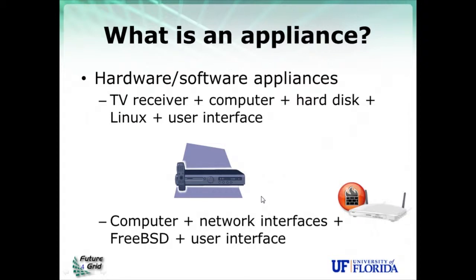A hardware appliance could be a TiVo-like system where you have a TV receiver, a computer, hard disk, an operating system, and a user interface, and you put all of this together in a box that does recording of TV programs. Or it could be also, for example, a wireless router, which is a small computer with network interfaces and an operating system, and a user interface with a particular function of providing wireless routing for a home network.